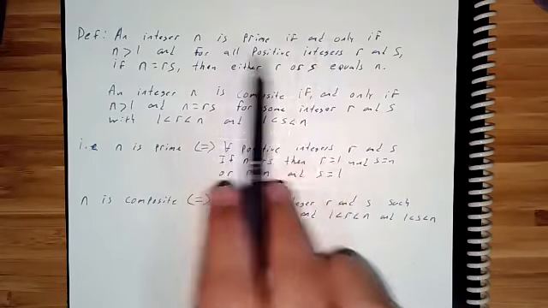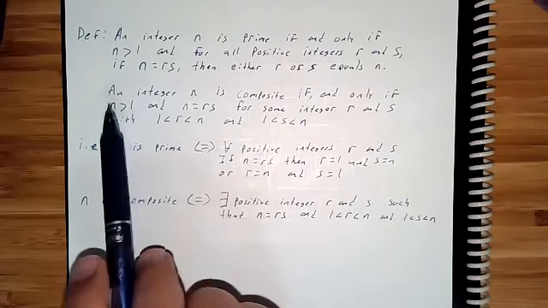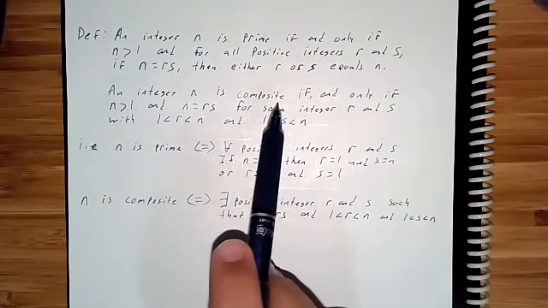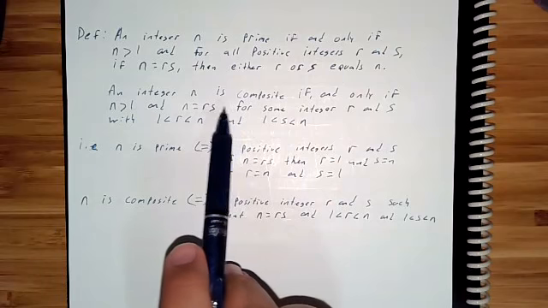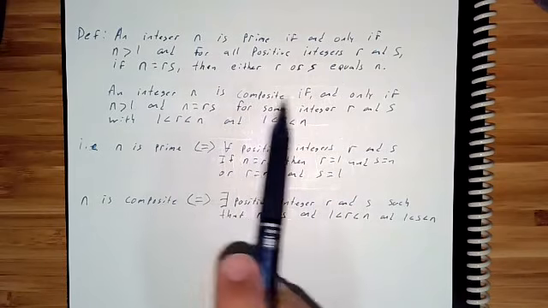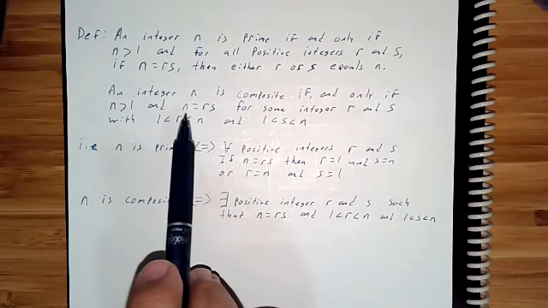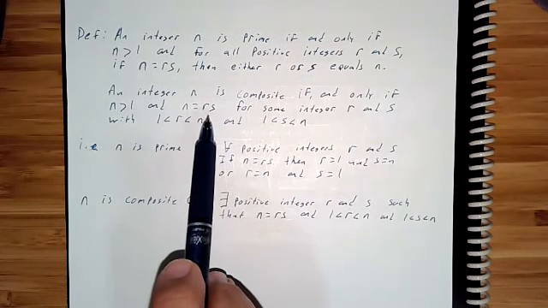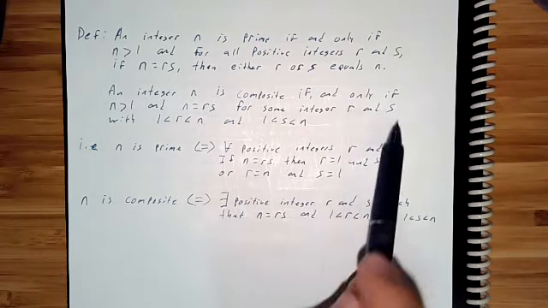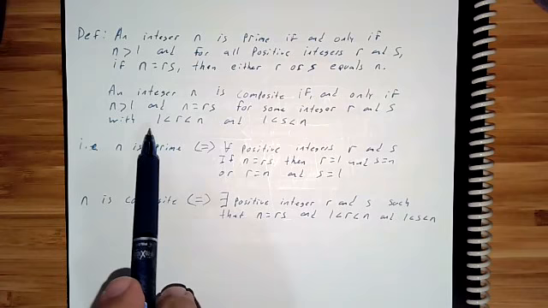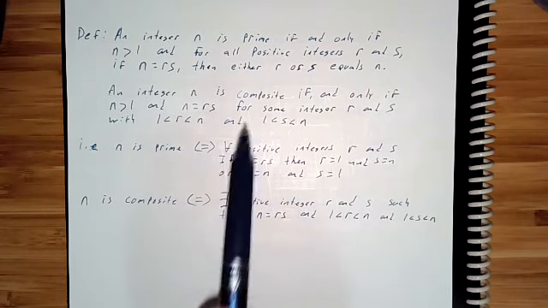So that's a requirement for prime. An integer n is composite, meaning you can factor it into more than one part, if and only if n is greater than 1, and you can write n as r times s for some integers r and s, with r between 1 and n, and s between 1 and n.